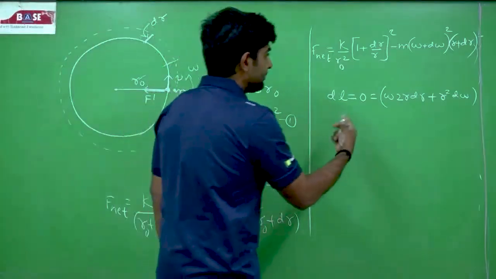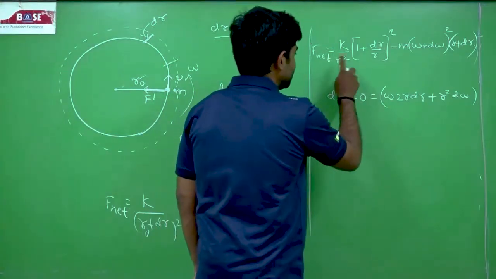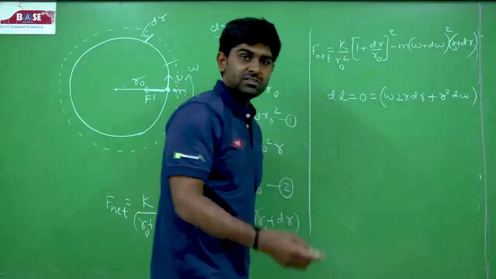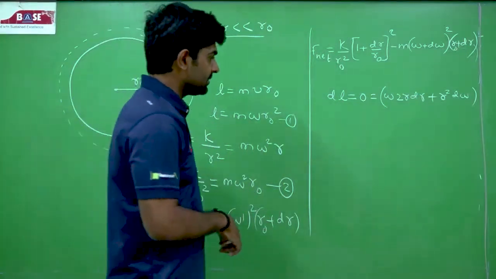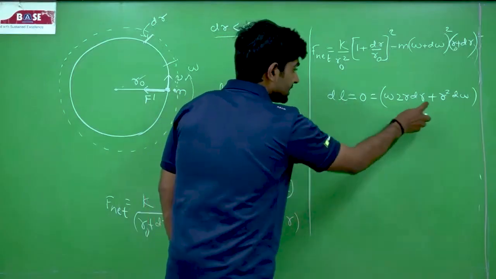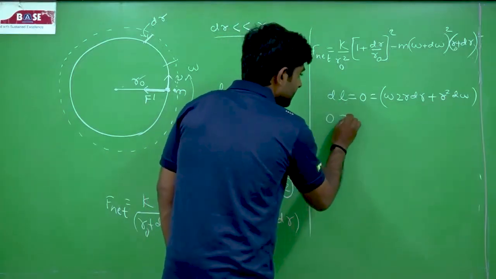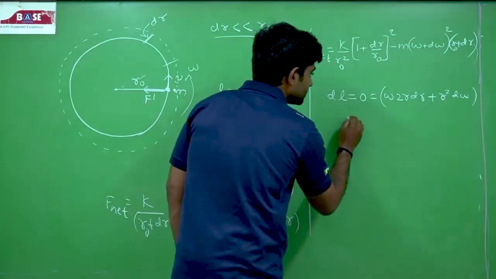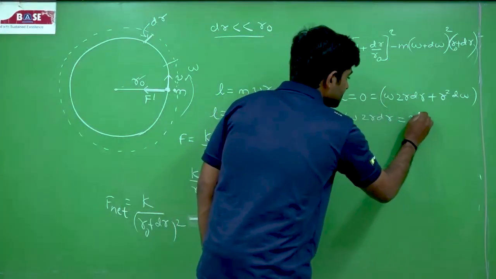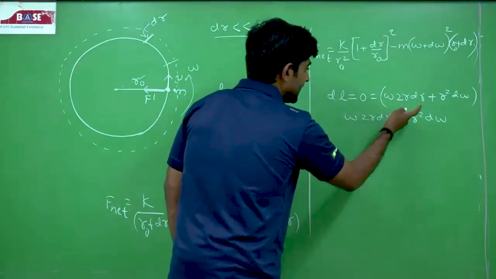Then we will simplify this. Wherever we have r, I'll write it as r naught, just for convention, we stick to the r naught configuration. So dL is 0. We can solve for d omega: omega 2r dr is equal to r square d omega, with a negative sign.